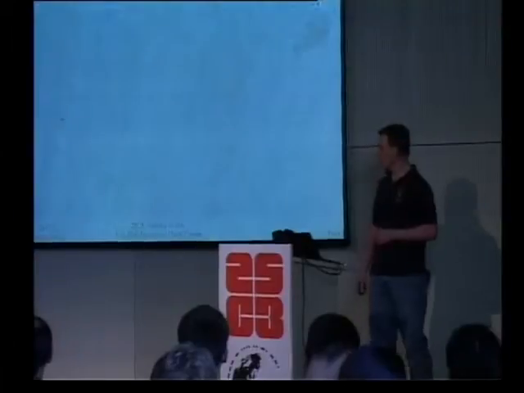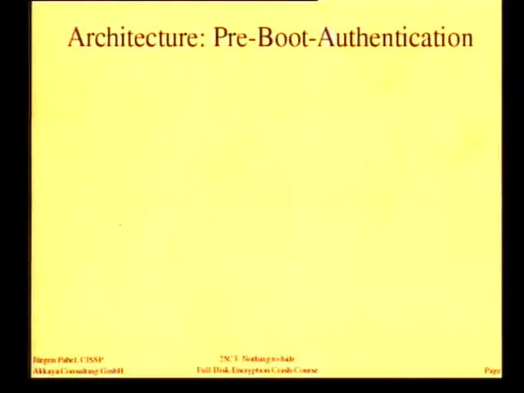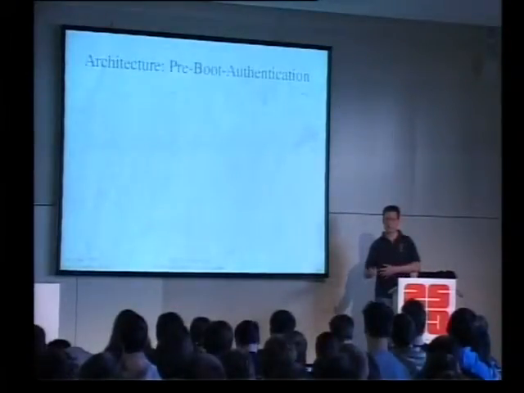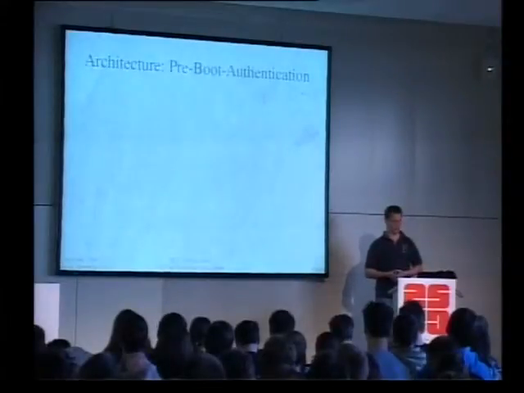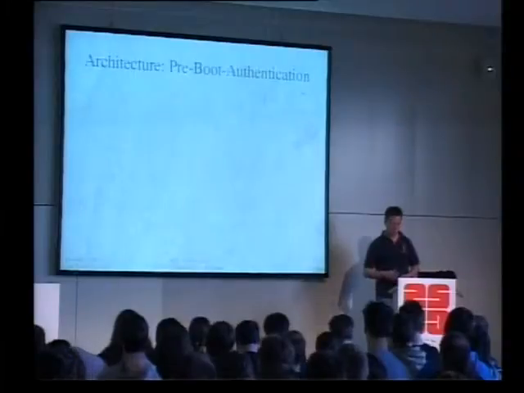So, architecture, pre-boot authentication. When you have something that's encrypted, you usually expect that you have to supply something so you can decrypt it. And if the software is an operating system component and encrypts the disk, then the operating system is likely to be encrypted itself also, which means you need to supply a secret in order to unlock the disk, in order to start the operating system.